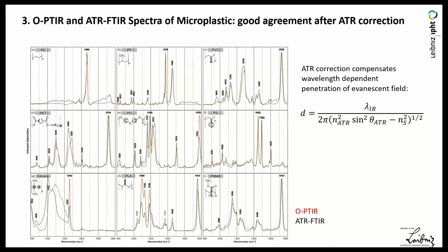the samples were quite large, and you cannot get good FTIR spectra in transmission if the particles and the samples are too thick. Now, of course, if you collect spectra in ATR mode, you have to correct the wavelength dependent penetration by this formula, and then OPTIR and FTIR, they coincide quite nicely.